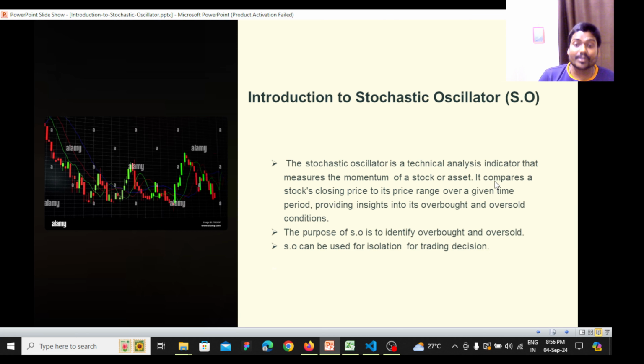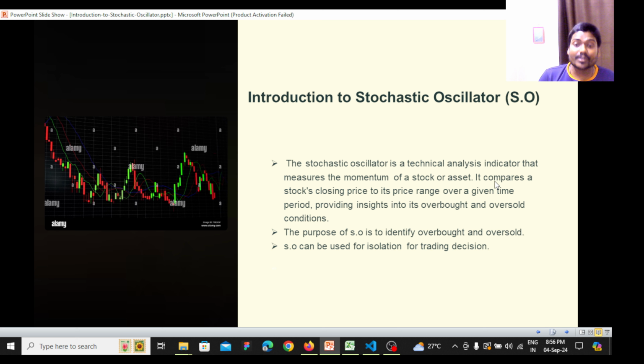So, interpretation of the stochastic oscillator. Here are two terms, overbought and oversold. Overbought consists of 80: if the percent K value is above or equal to 80%, then it indicates an overbought signal, and in this case we sell the stocks.